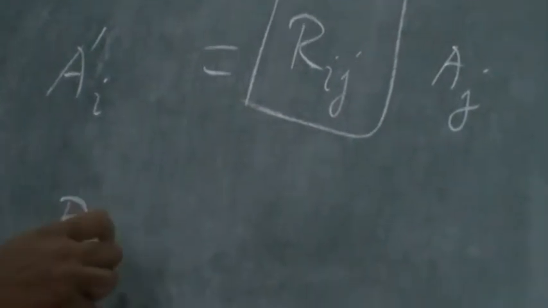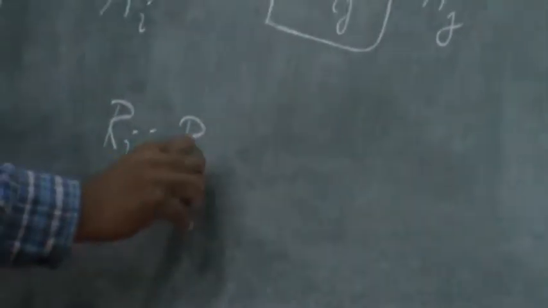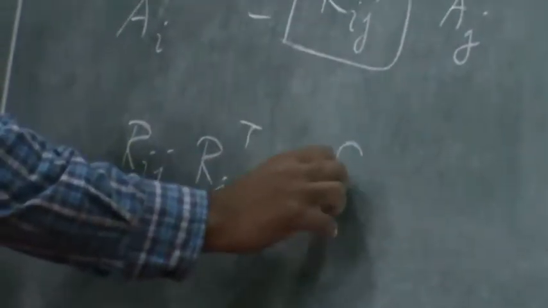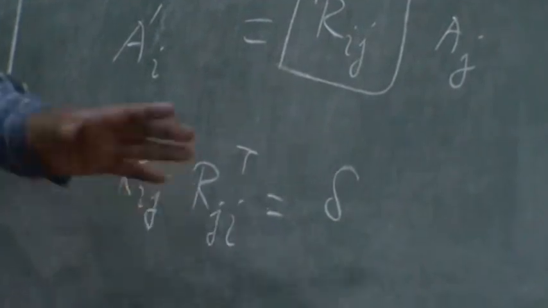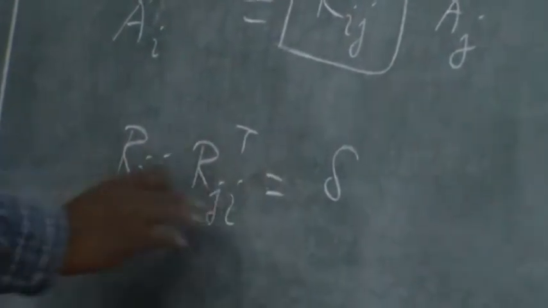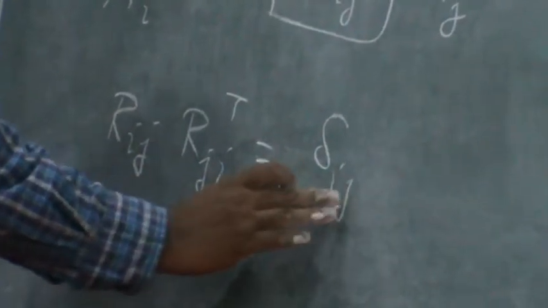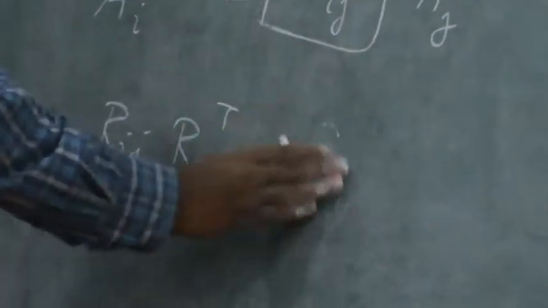Therefore, Rij into Rji transpose is equal to how much? The Kronecker delta, which I am going to say. So Kronecker delta ik. This is equal to 1. This is equal to the identity matrix.